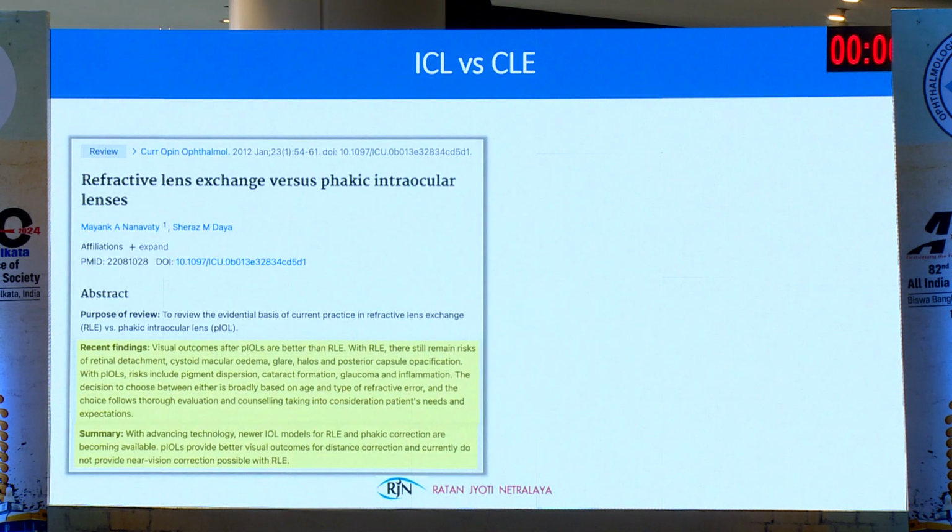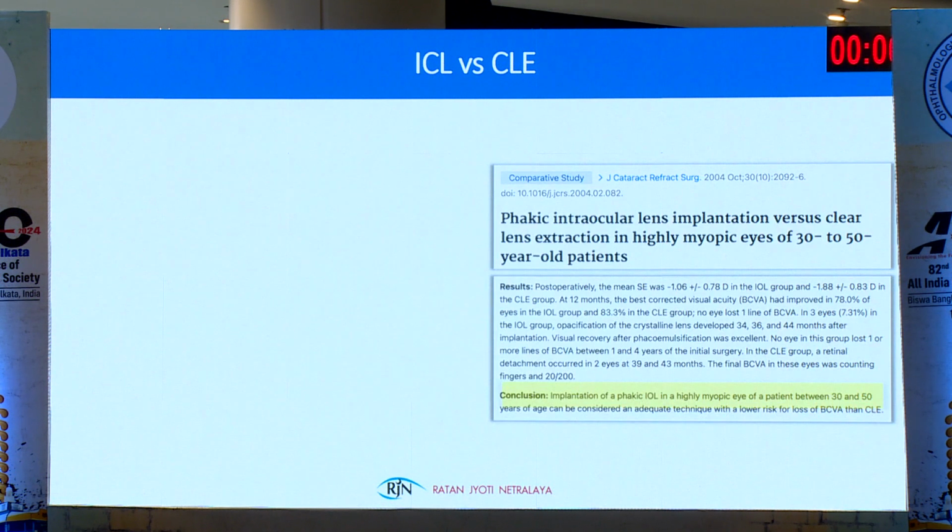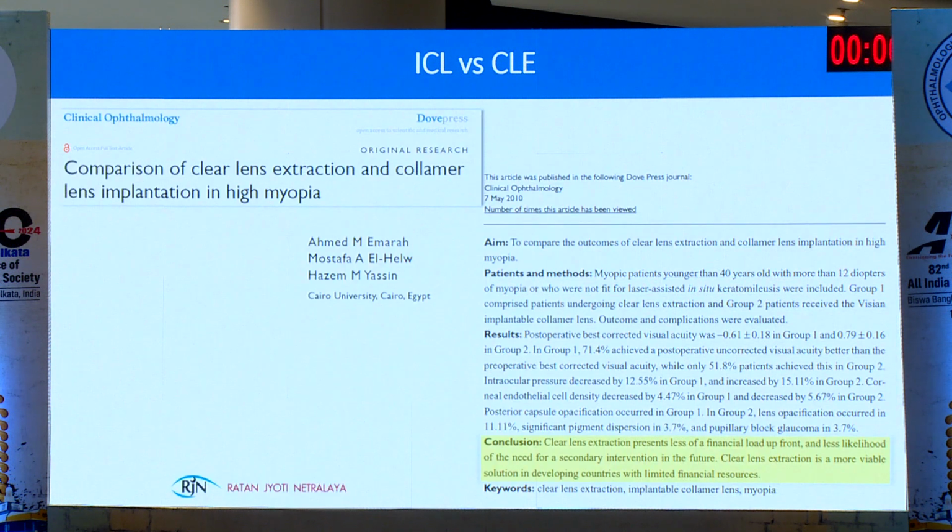In another study comparing refractive lens exchange with the phakic intraocular lens, they say the phakic intraocular lens is better. And the last study says that refractive lens exchange is equally good as compared to the phakic lens, and it is cost effective also.